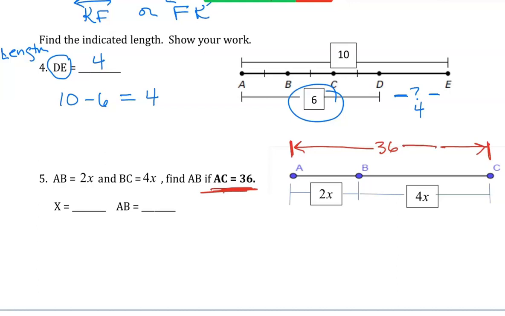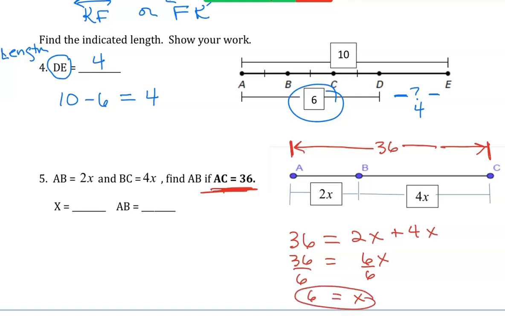So you need an algebraic equation. I'm looking at that 36 and I'm thinking that equals 2x plus 4x. 2x and 4x you can add together on this right side of the equation. Don't change any signs. Then isolate your x, and I'm getting x equals 6.